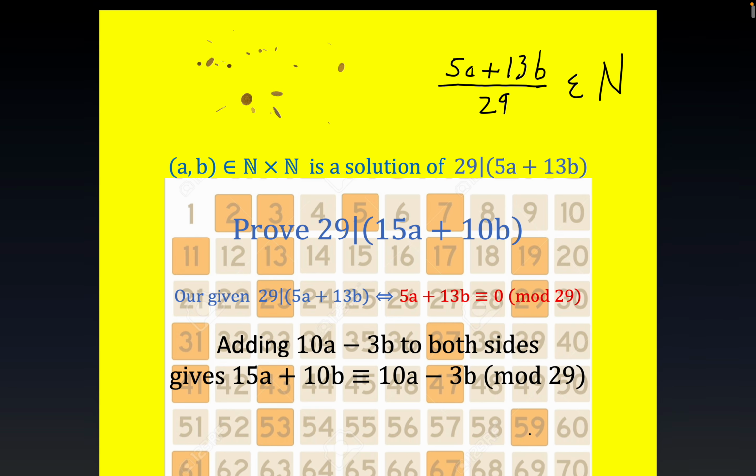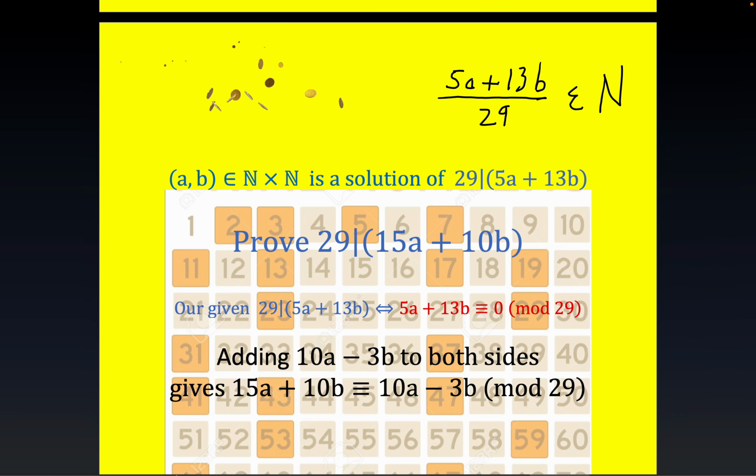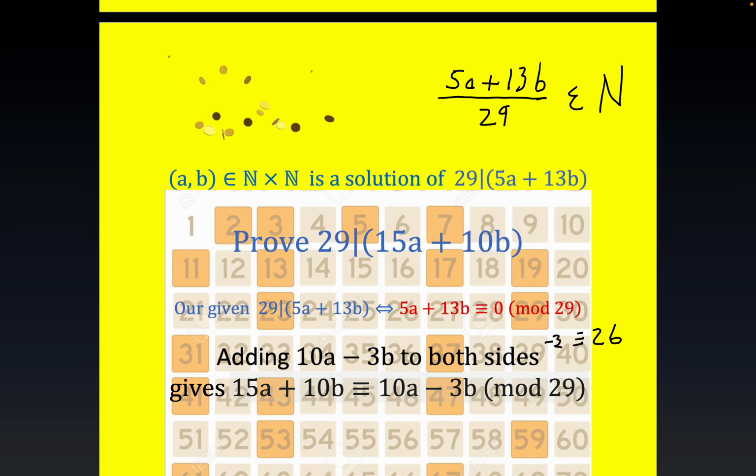But notice, and this is very convenient, minus 3 is congruent to 26, mod 29. There's a difference of 29 between minus 3 and 26: 26 minus negative 3 is 29. You can just think on the number line, they're 29 apart.